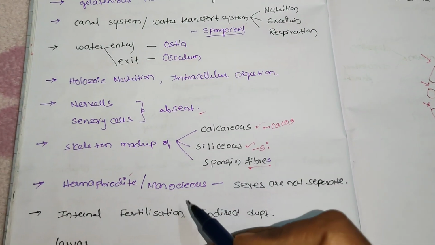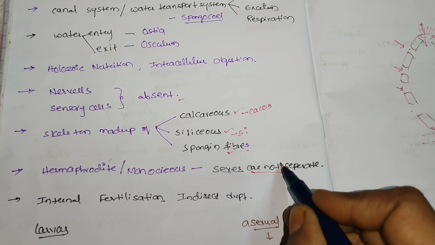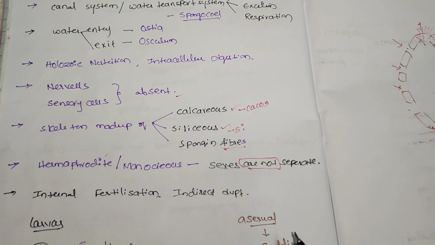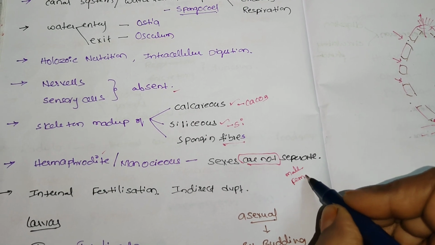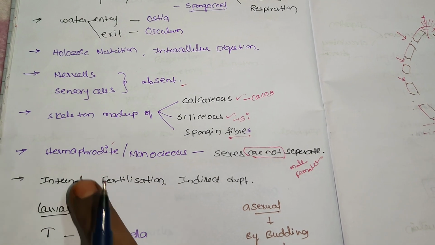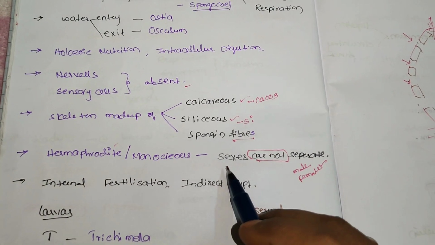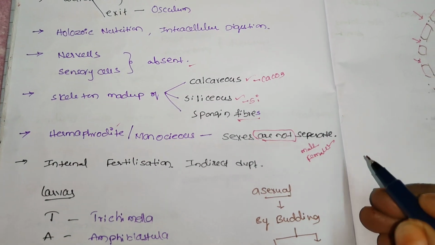These are hermaphrodite. Hermaphrodite and monoecious mean the same: the sexes are not separate. In these primitive organisms, male and female gametes are released in only one organism, which is called monoecious or hermaphrodite. Reproduction is by sexual or asexual reproduction.